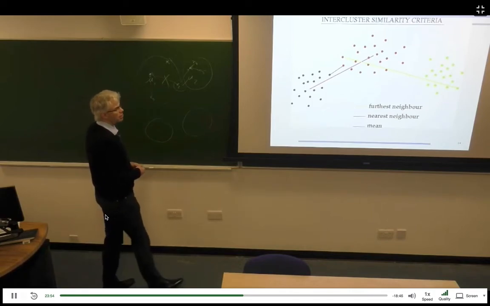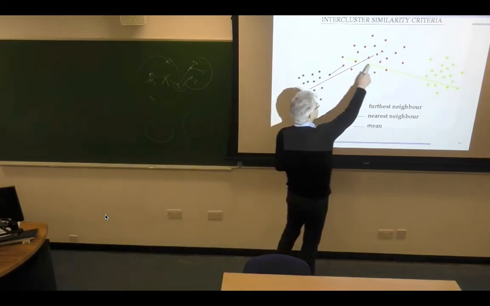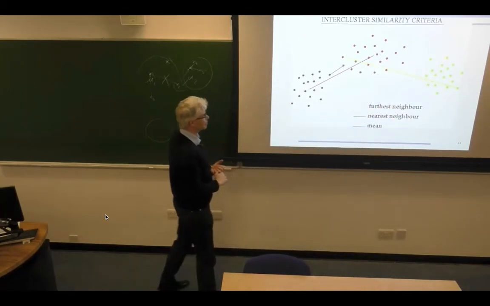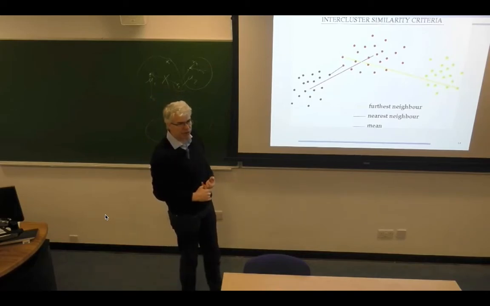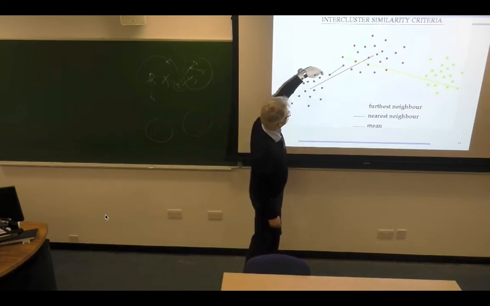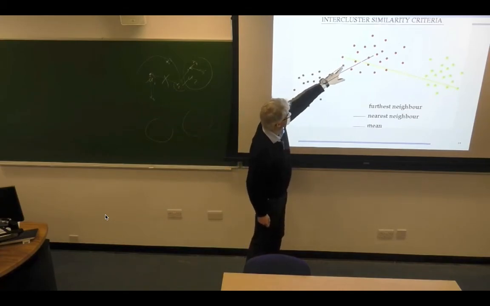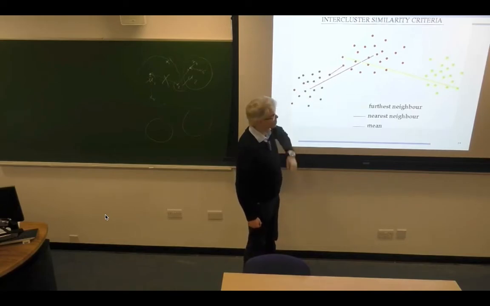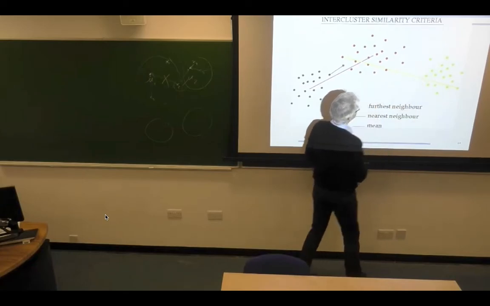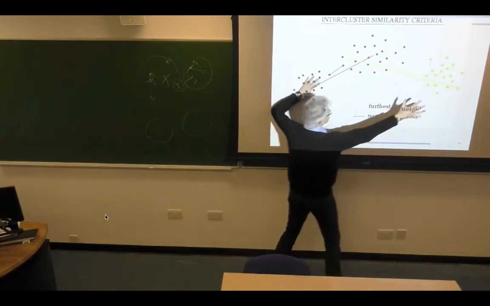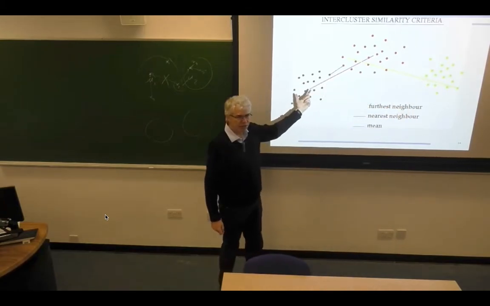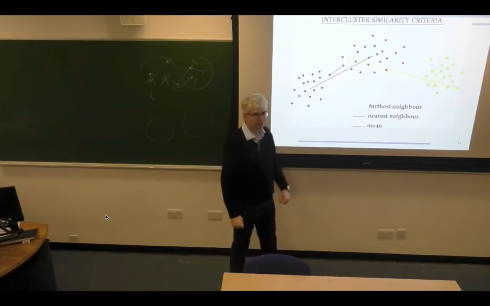So if we've got these three clusters, for example, the black cluster and the red cluster and the bright green cluster here, if we were looking to merge these based on the nearest neighbor, which is this line, we would look to see what's the nearest neighbors between these two clusters, which would be this one and this one, what's the nearest neighbors between these two clusters, which is probably that one and that one, and then we choose the nearest ones of the nearest neighbors and merge those two.